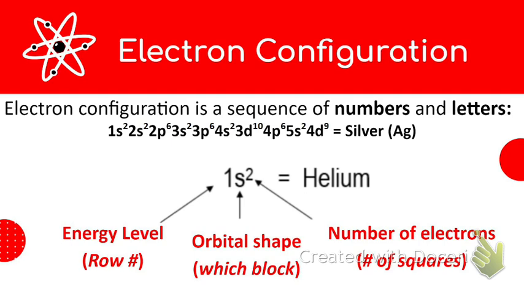So our first number will be for our energy level, or our row number. Our first letter is going to be our orbital shape. So that's going to be which block you are in. And then our superscript is going to be the number of electrons, or the number of squares.